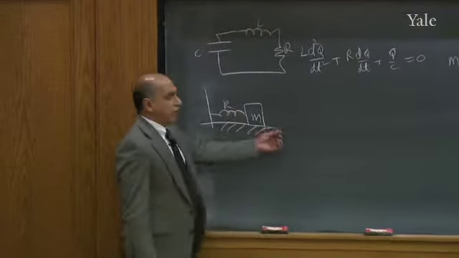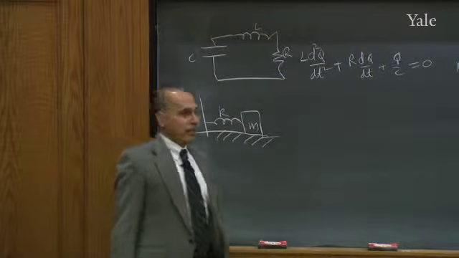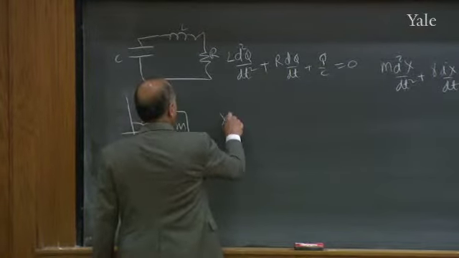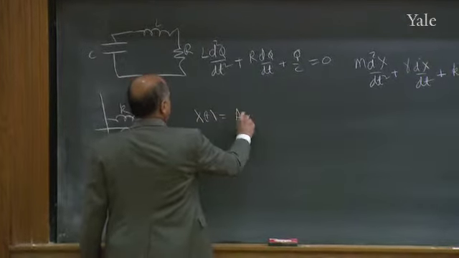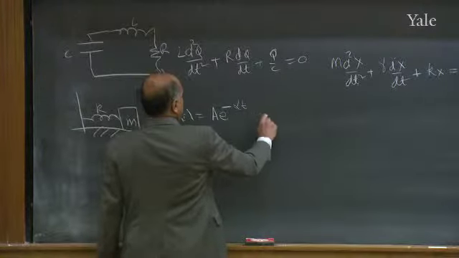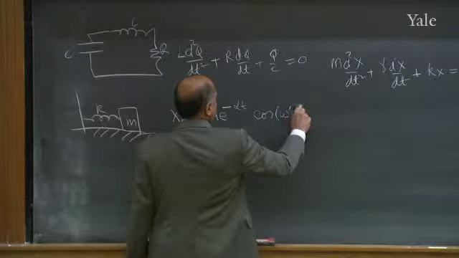This means if you pull it and let it go, the oscillations will eventually get damped and it will die down. And the general solution for the case when it's oscillating will look like some number A e to the minus some number alpha t times cosine of some frequency omega prime t.